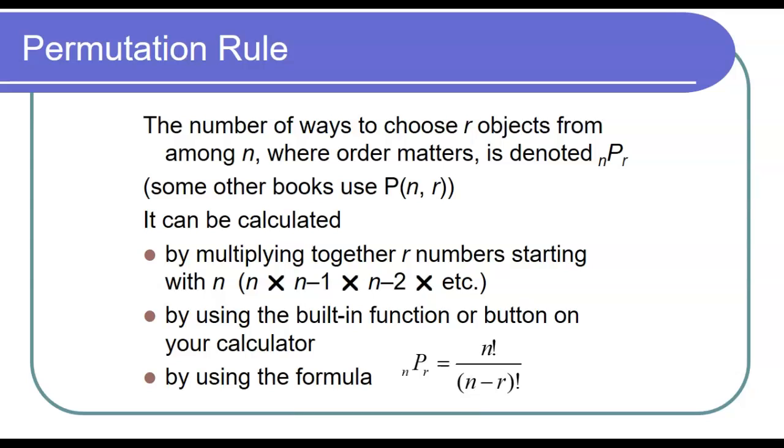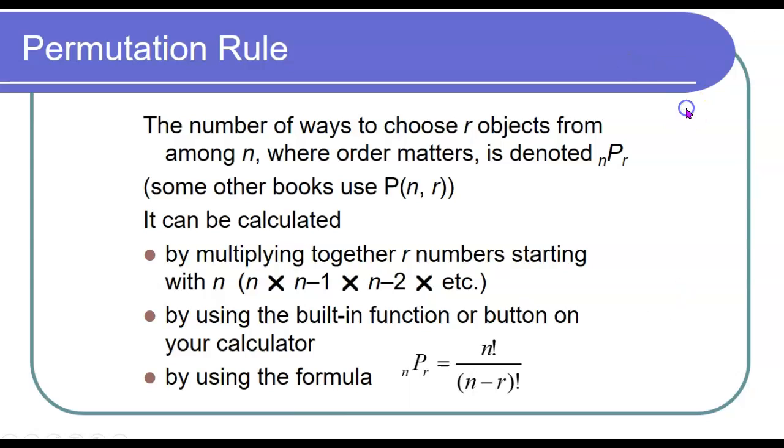Another way is by using the built-in function or button on your calculator, if it has that, and I'll show you how to do that in just a minute here. Or a third choice is that there is a formula that you can just plug in the numbers for n and r, and the formula will tell you the number of permutations. So that formula is that nPr equals n factorial divided by n minus r factorial.